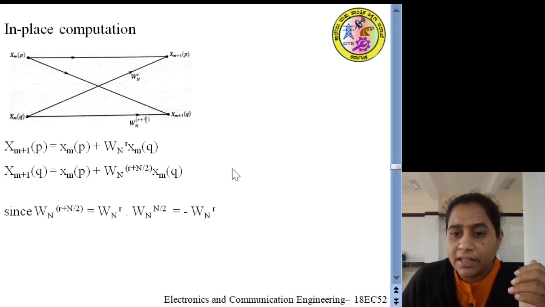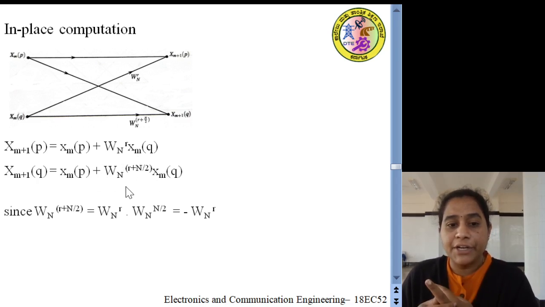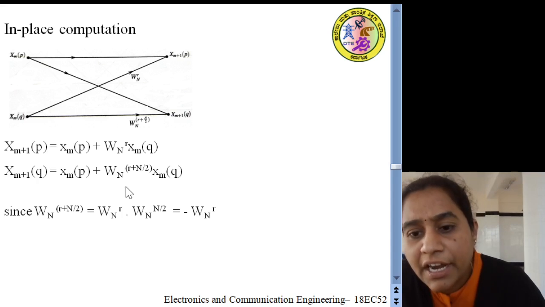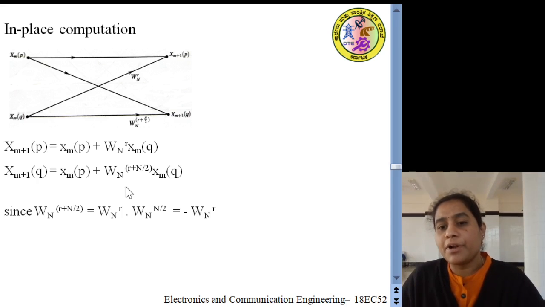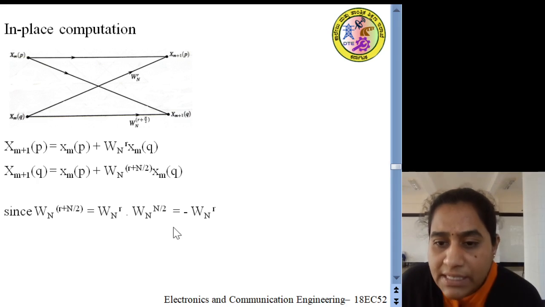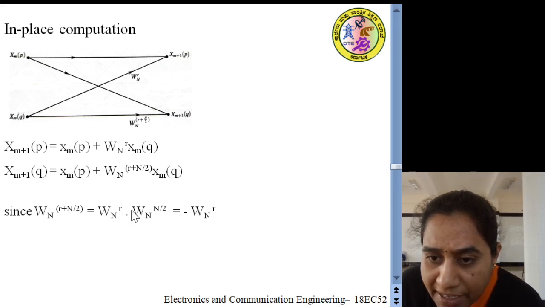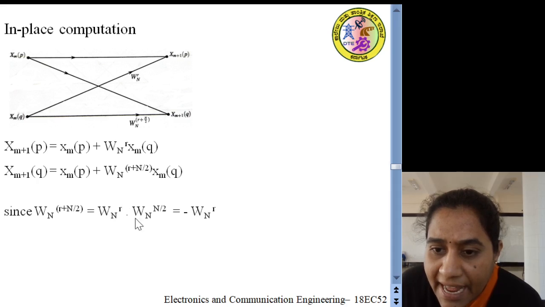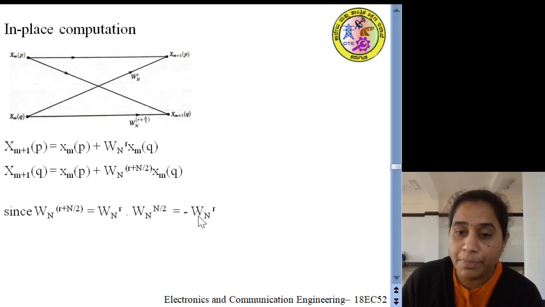Since the twiddle factor W_N raised to the power r plus N by 2 can be written as W_N raised to the power r into W_N raised to the power N by 2, and we can represent this as minus 1, we simply write it as minus W_N raised to the power r.